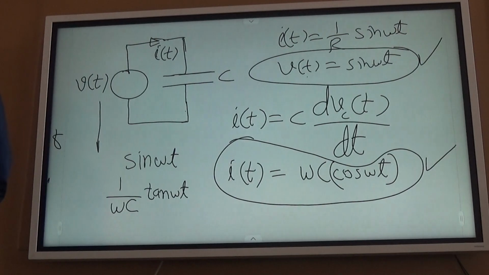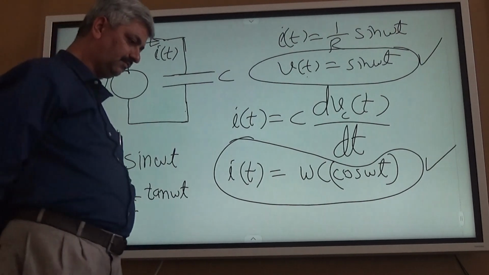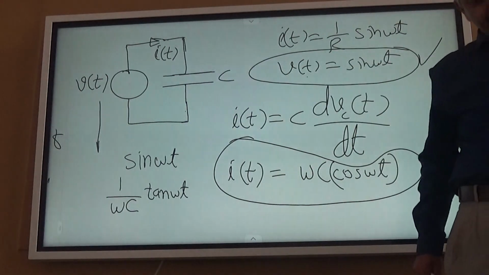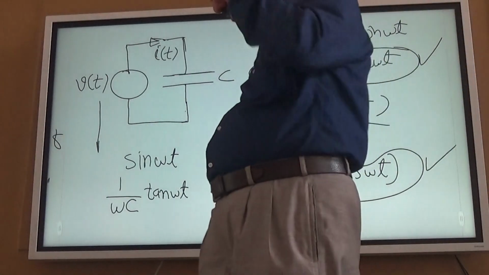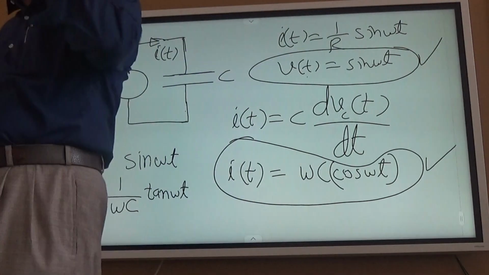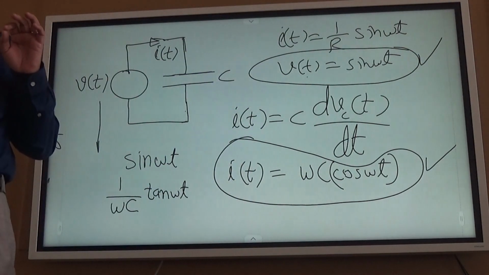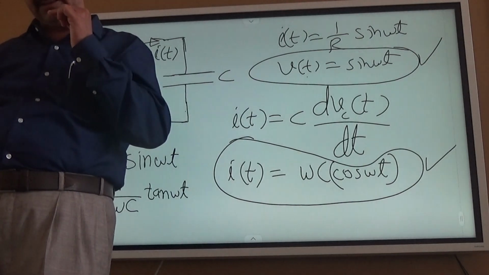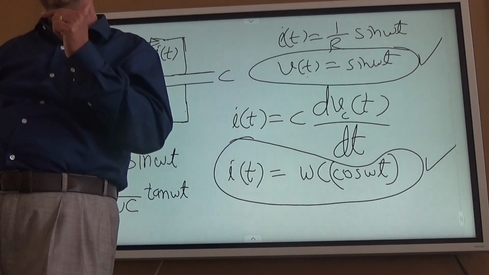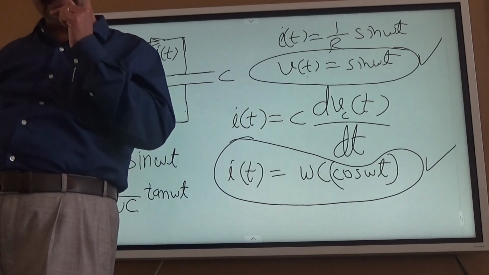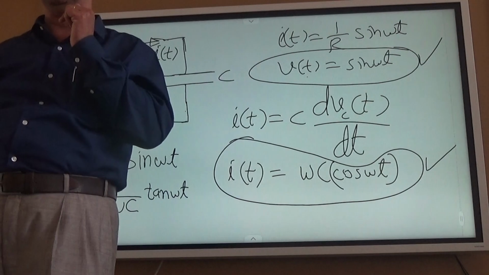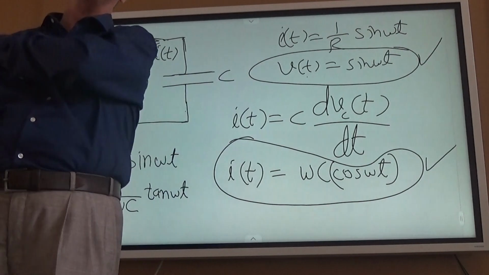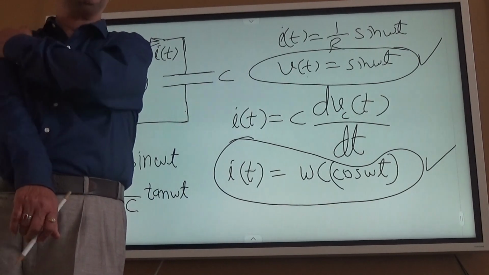What is the reason? The reason is simple. There is no point in taking the instantaneous ratio when both were sin omega t, there was a point in taking instantaneous ratio.